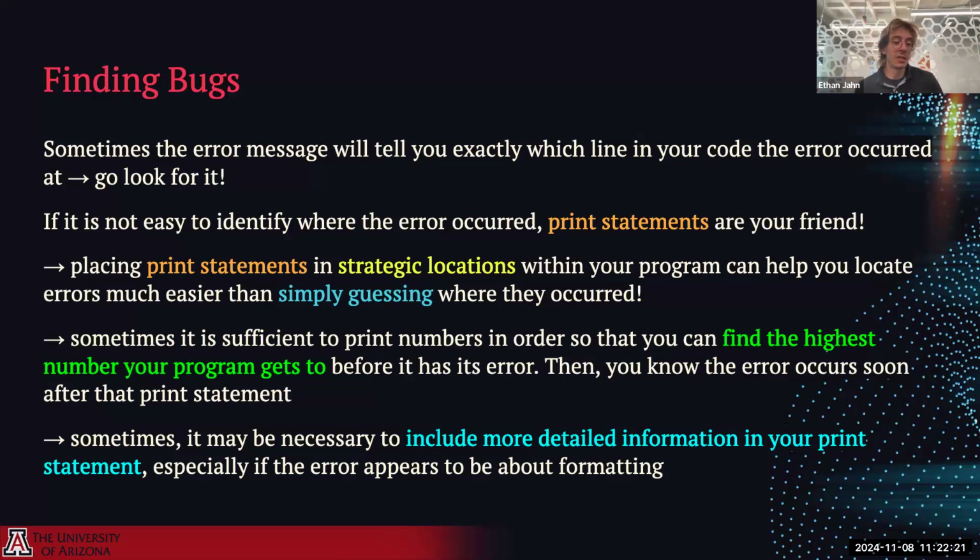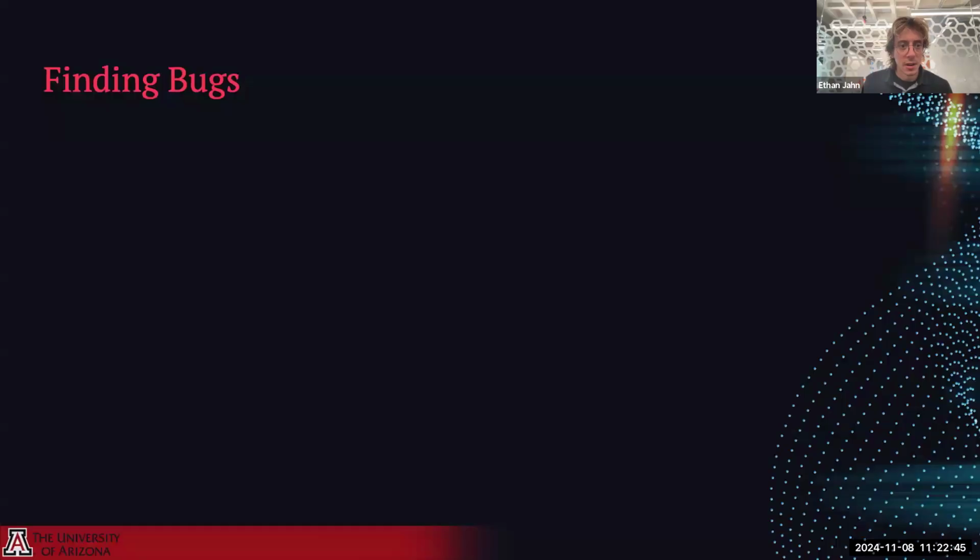Sometimes it may be necessary to include print statements in for loops so that you can see the value as it's changing, and then you can identify what's going on. Including more detailed information is especially important if the error seems to be about formatting. If you don't know how it's getting formatted, you should look at that in order to determine whether it's the correct value or not. So print statements are your friend.